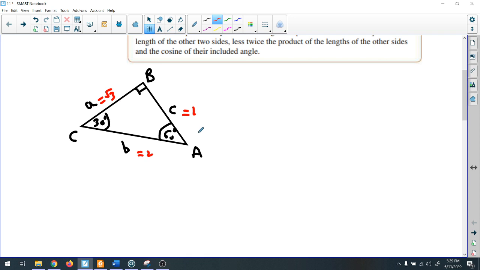Let's apply the formula so we can use it later on in different problems. a square equals b square plus c square minus 2 times bc times cosine of the angle between B and C, angle A, cosine A. Remember that.